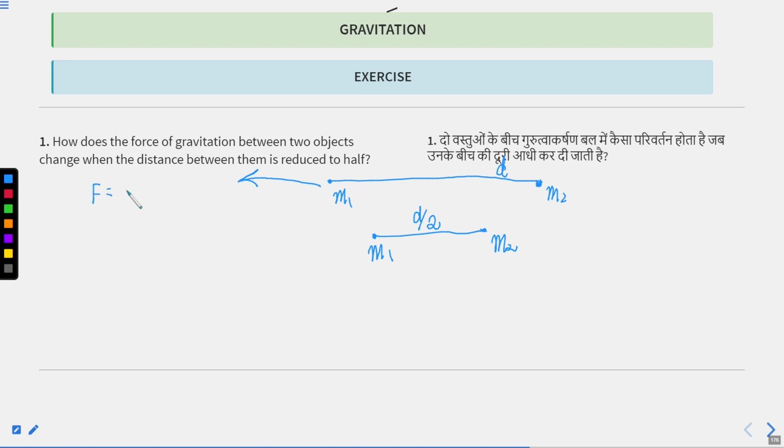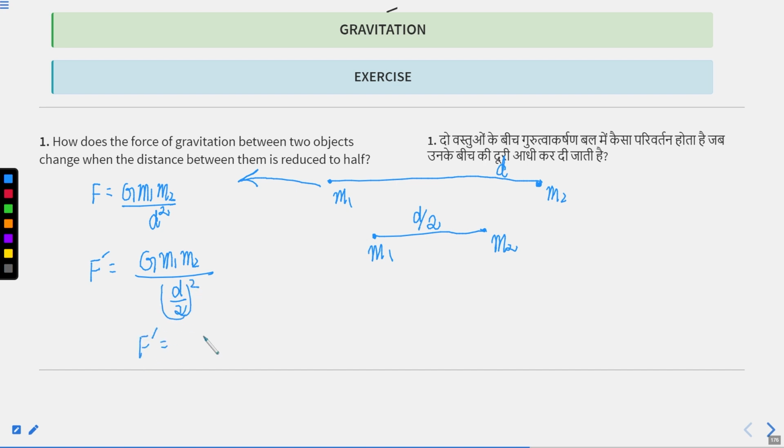In the first case, the force will be F = G m1 m2 divided by d square. What will be the gravitational force in the second case? It will be G m1 m2 divided by (d by 2) square. Calculate F dash.